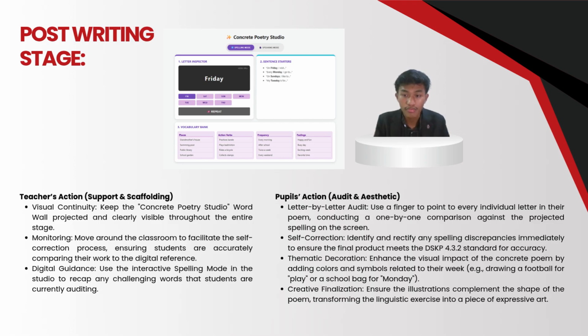For example, drawing a football or a school bag for Monday because it's the first of the weekdays. So basically here is what we call language arts, also inserted in this part of the material.